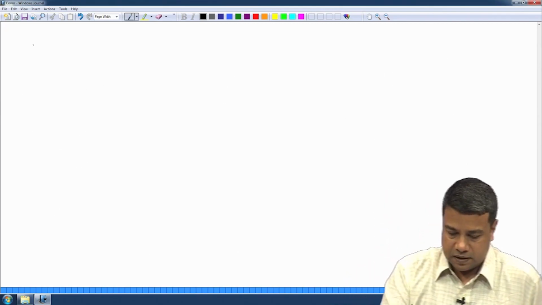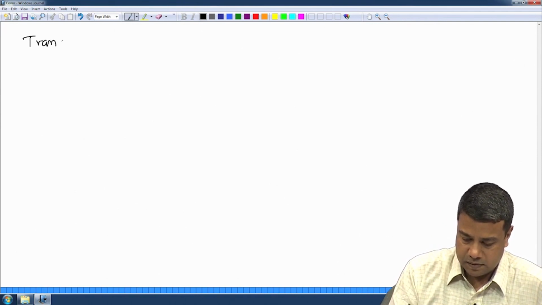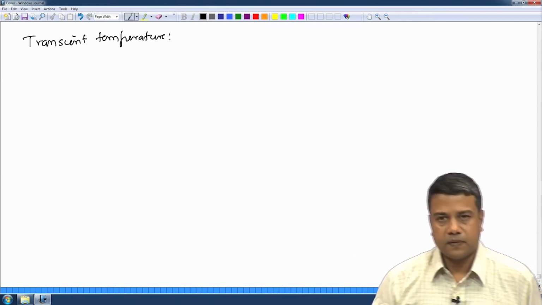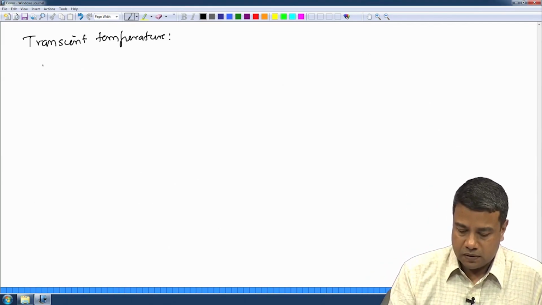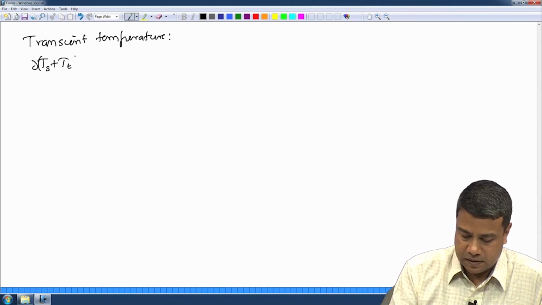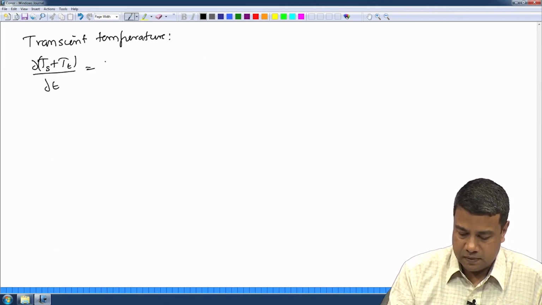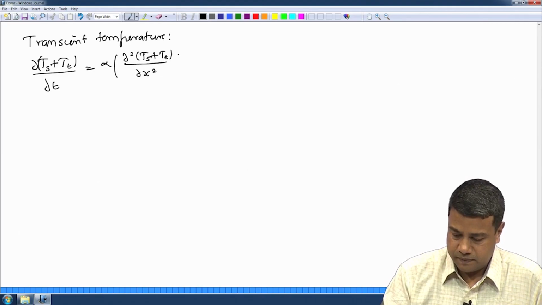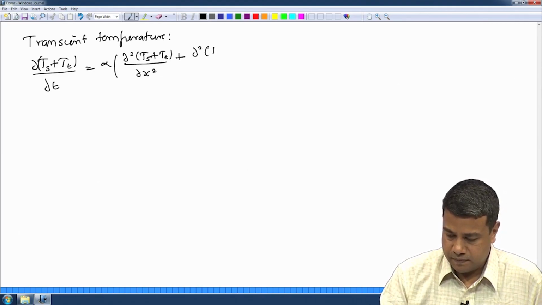For the transient temperature, we know that the total equation is the partial of steady plus transient by partial t equal to alpha times the Laplacian.